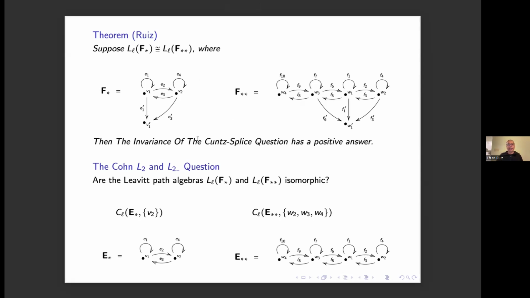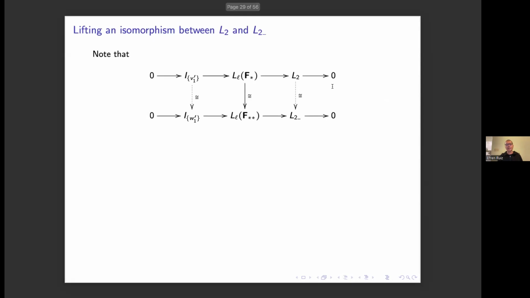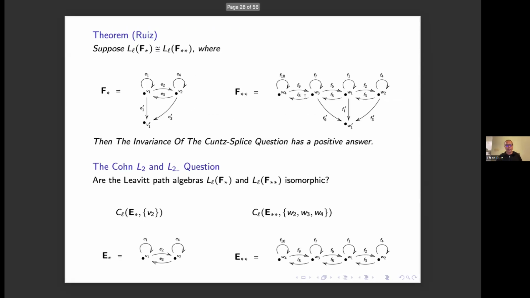And its quotient is exactly the L2 graph and then the L2 minus graph. So because of that, the assumption that the Leavitt path algebras are isomorphic certainly gives you an isomorphism between L2 and L2 minus. So if the cone L2 and L2 minus question, the condition that I'm providing, has a positive answer, then it certainly implies the L2 and L2 minus question has a positive answer as well.